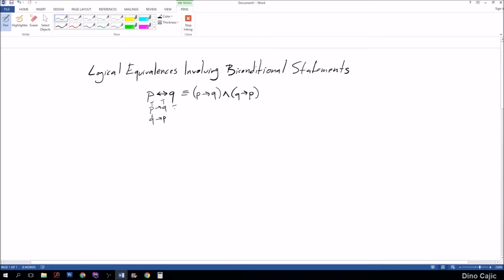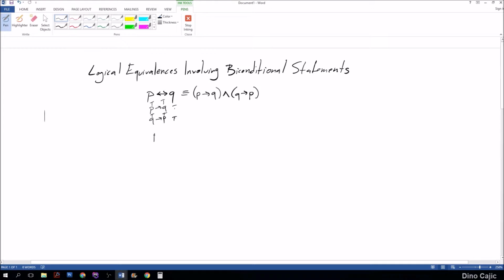And then going in reverse, that becomes true. So looking at this statement, P implies Q, and also the reverse, Q implies P. That is a conjunction, because you have to have both: P implies Q and Q implies P.